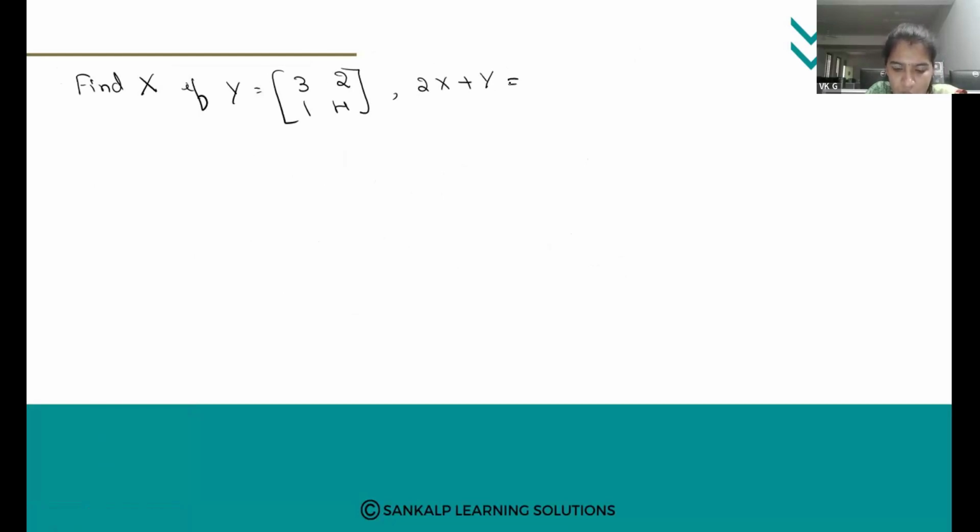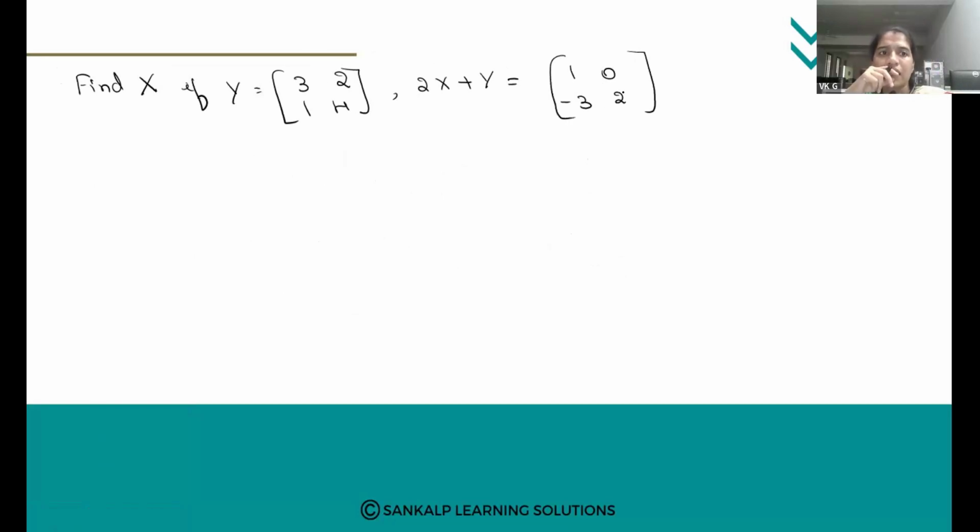Write it down. Find matrix x. Find x if y is equal to matrix 3, 2, 1, 4 and 2x plus y is equal to 1, 0, minus 3, 2.